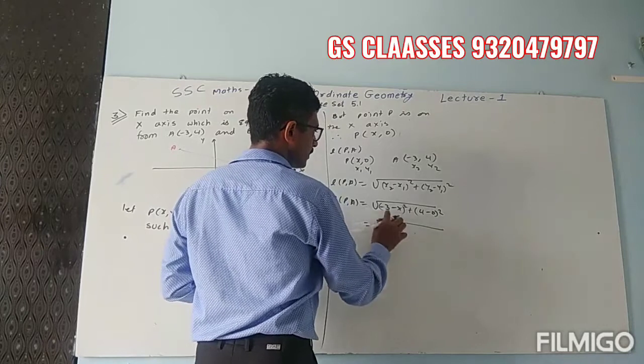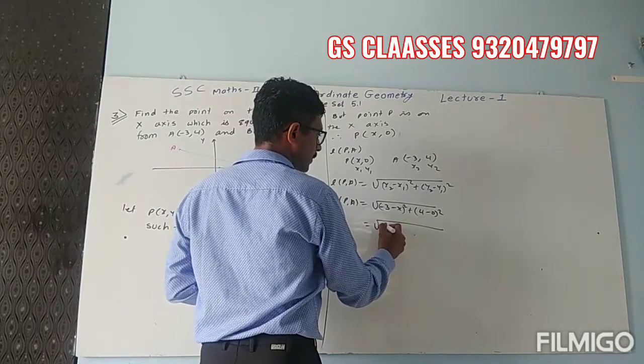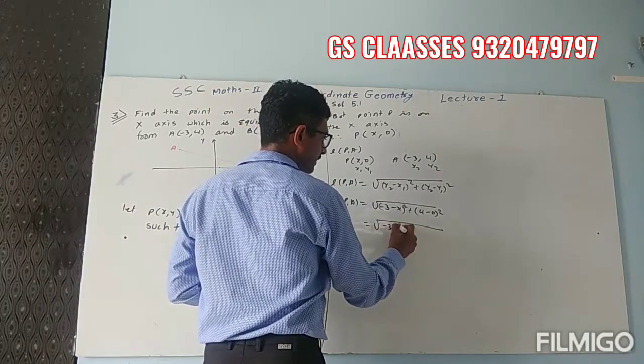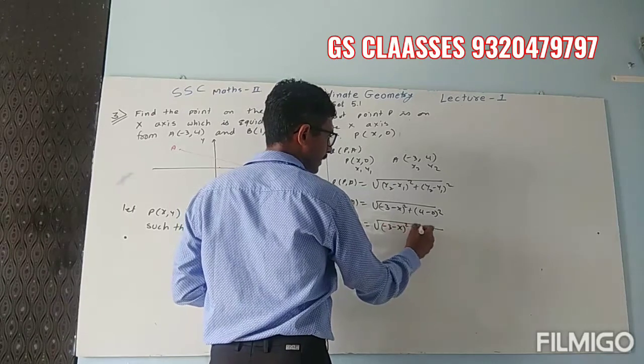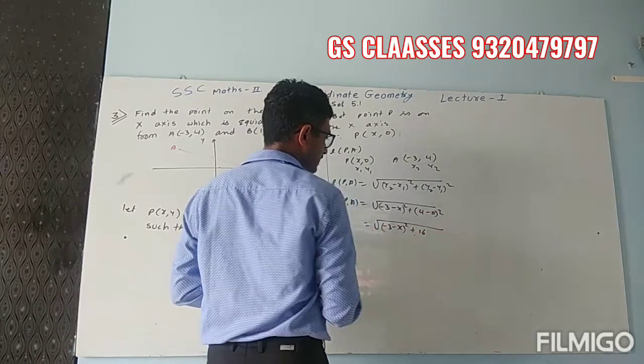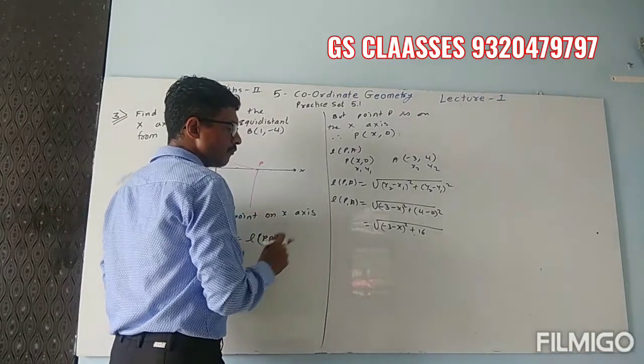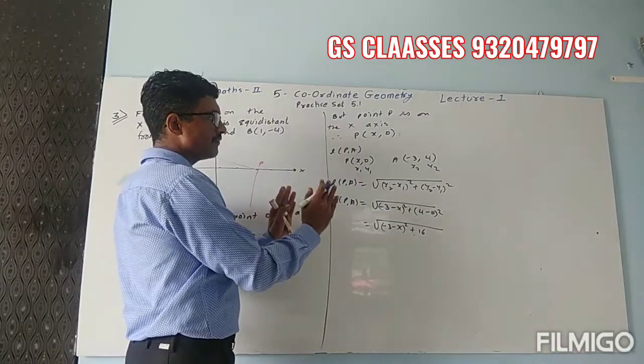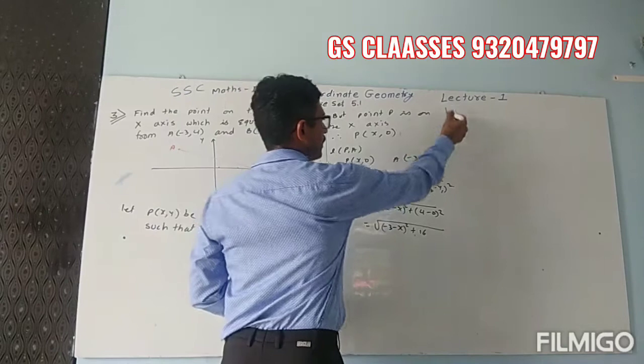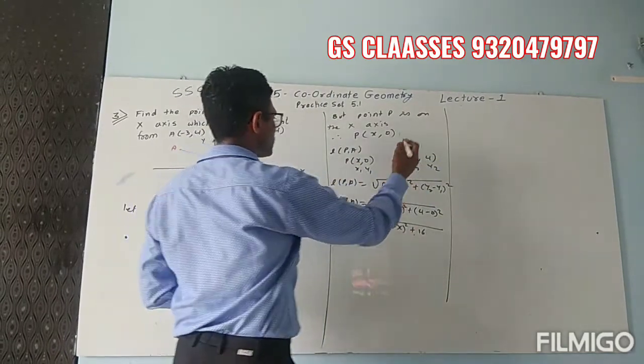So, this is going to be minus 3 minus x the whole square, and here 4 square as 16. For the time being, we will leave this one as it is.